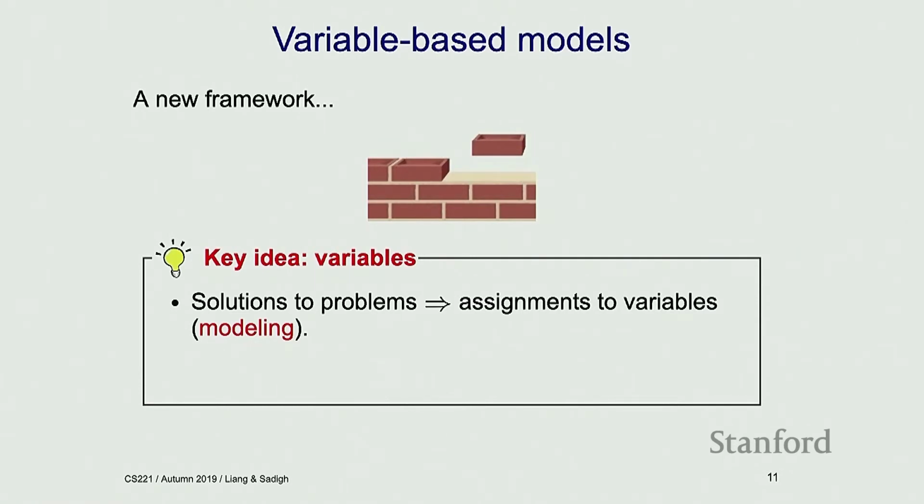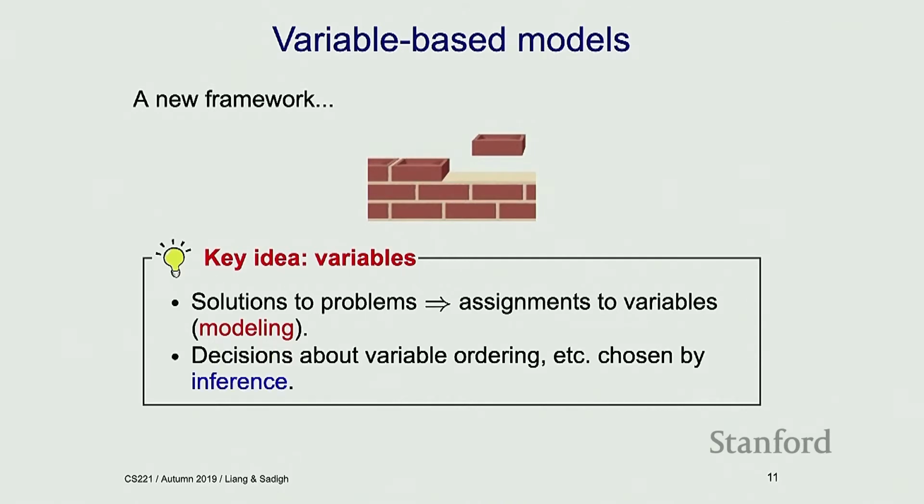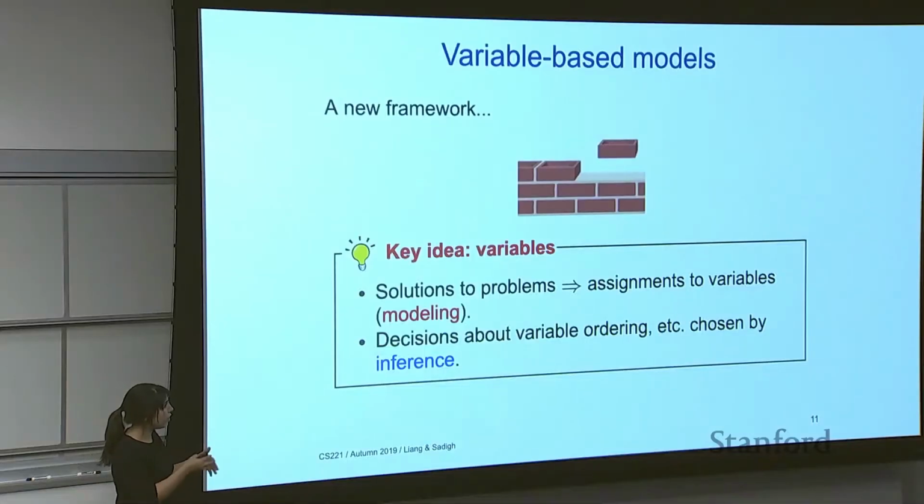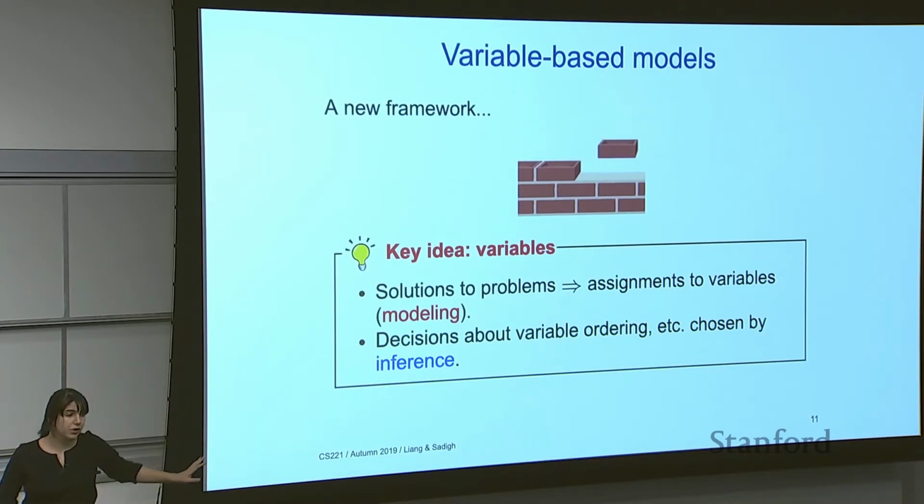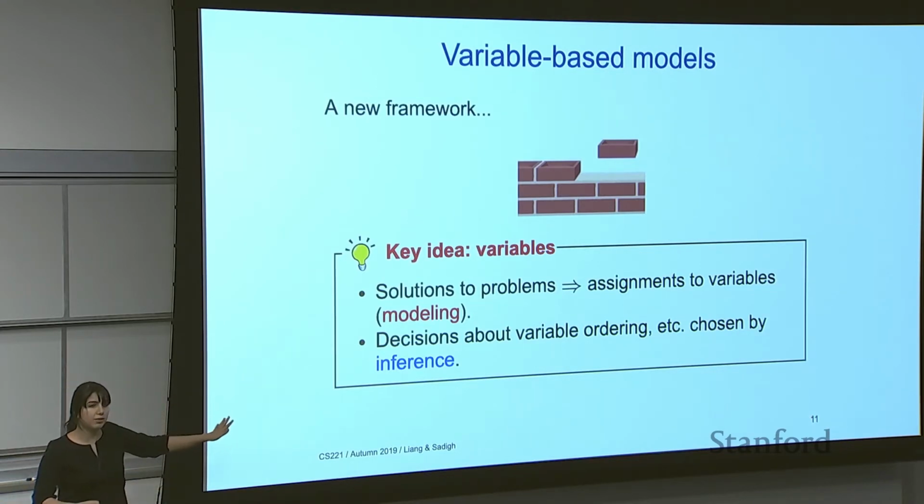We're going to have assignments to these variables. The whole job of modeling is to figure out what the variables are and what sort of assignments we're picking for those variables. And the decision of what order I should color things, or what value I should pick for each province, what order of variables I should pick, I can push all of that to inference. It's not going anywhere, I'm just pushing it to inference.